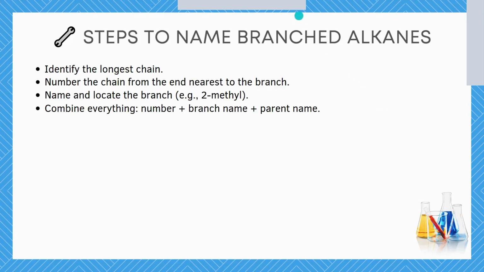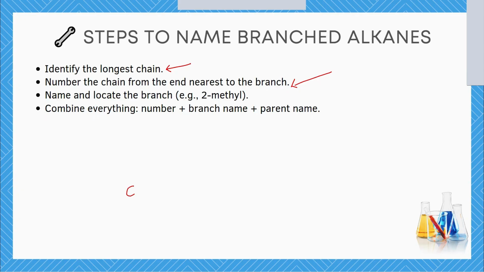So here are some steps to name branched alkanes, or alkanes that have a branch. The first thing to do is to identify the longest chain. When you have done that successfully, the next thing you need to do is to number the chain from the end that is nearest to the branch. Now, here is what we mean.